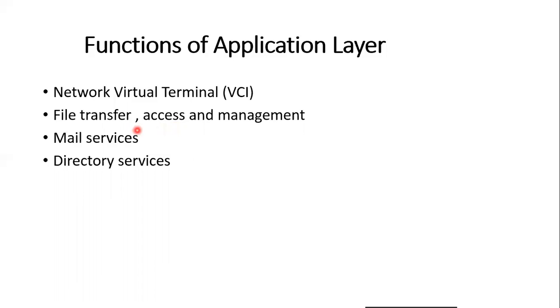Then mail services, which use electronic mail. This provides the basis for email forwarding and storage. Then directory services. This application provides distributed database sources and access for global information about various objects and services. So these are the functions of the application layer.